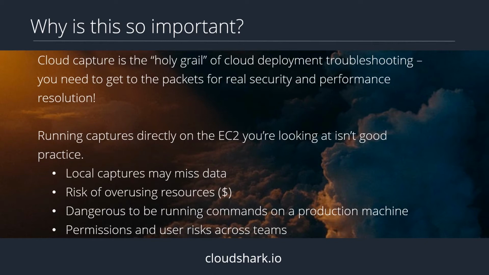In addition, it is kind of dangerous to be running commands on a production machine like that. You don't necessarily want people to be SSHing in and running commands that are not part of what that resource is built to do. And that includes different people having different permissions to those systems.